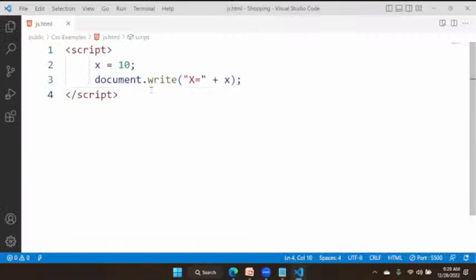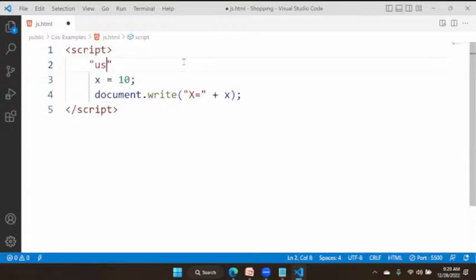I hope you learned JavaScript. In JavaScript, how do you turn on strict mode? To turn on strict mode, in the beginning you have to write use strict. If you write use strict, now JavaScript will be in strict mode. In strict mode, it will not allow violating the programming standards.